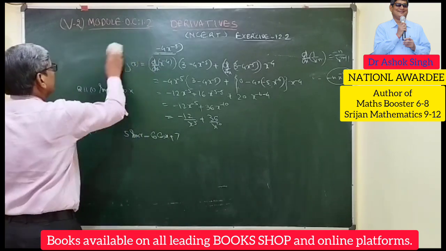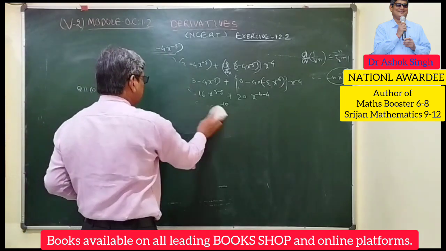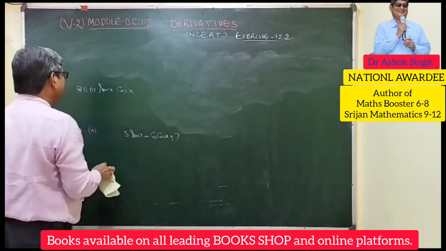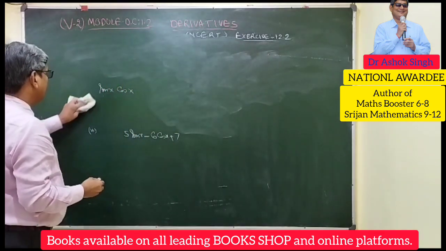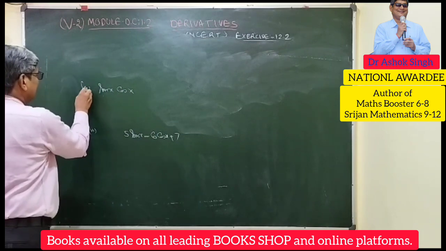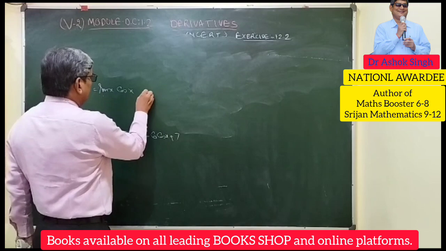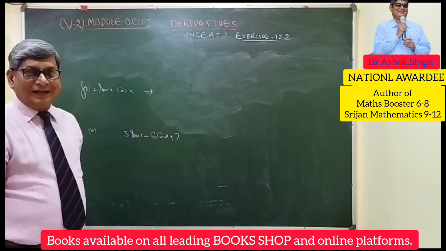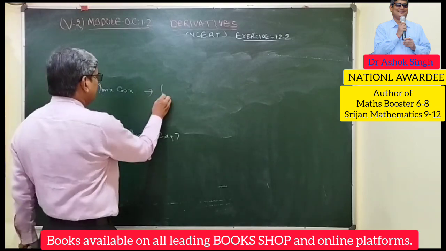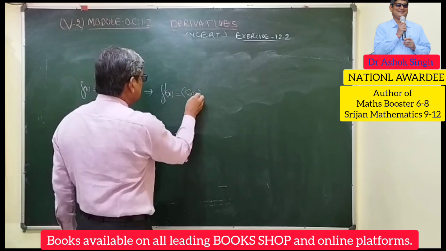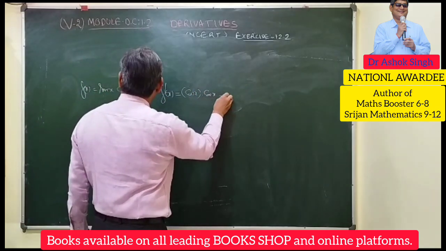Now, if you have another question, question number 11, first you can have f x is equal to... once you start doing practice, you can jump over the answers, but here you can write f dash x is equal to, I am directly writing cos x into cos x.